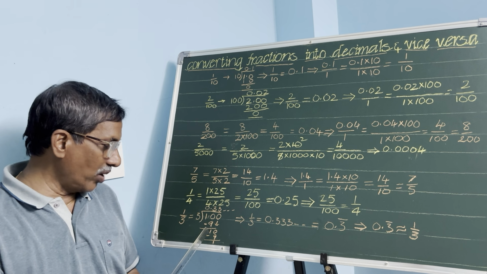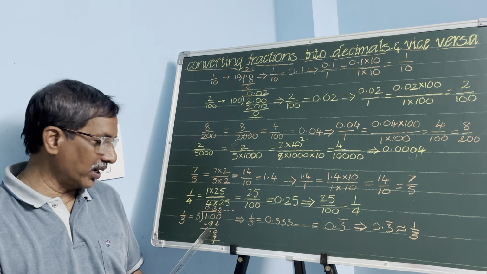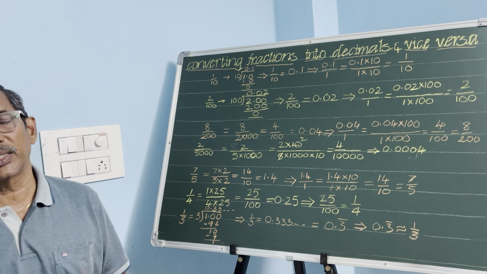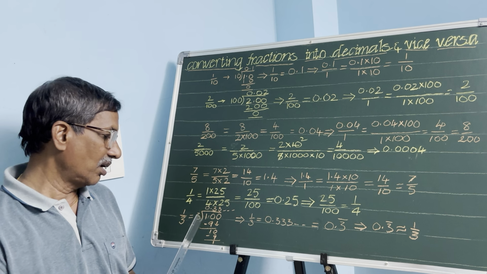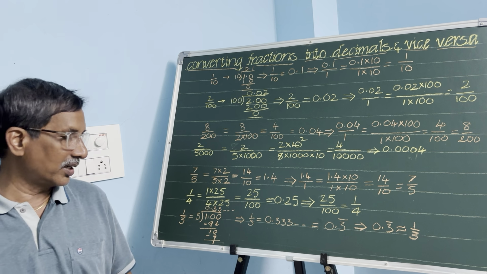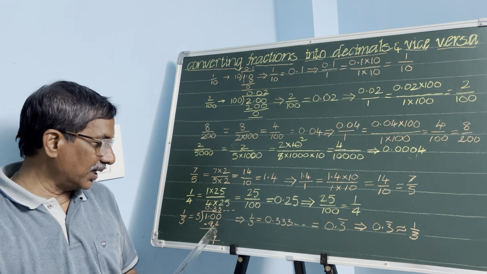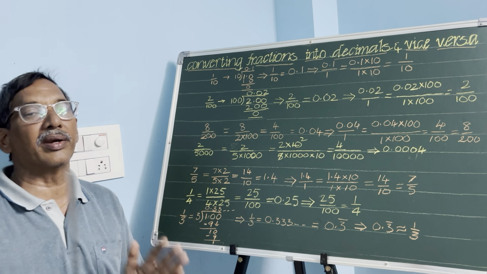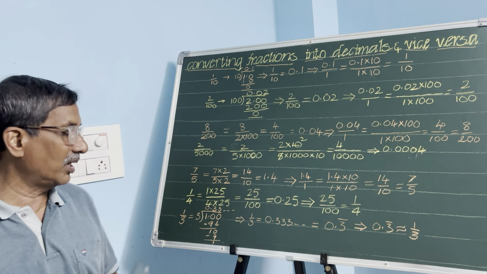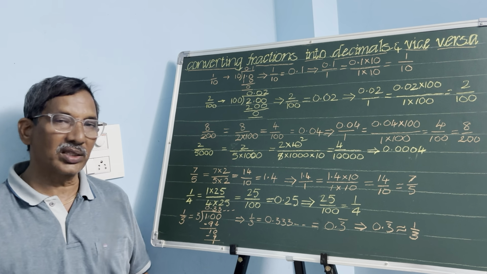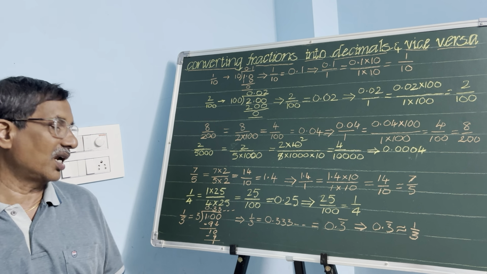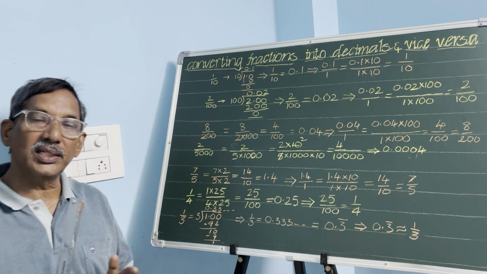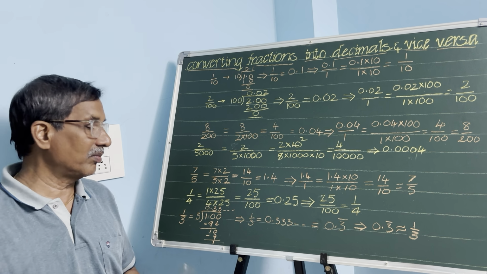You have a remainder, 10 minus 9, 1, and add another 0. As we have discussed earlier, you can add any number of zeros after the decimal point. So again you will get 10, and 3 3's are 9, remainder 1. You can go on to any extent, and you will get 0.33333 and so on.